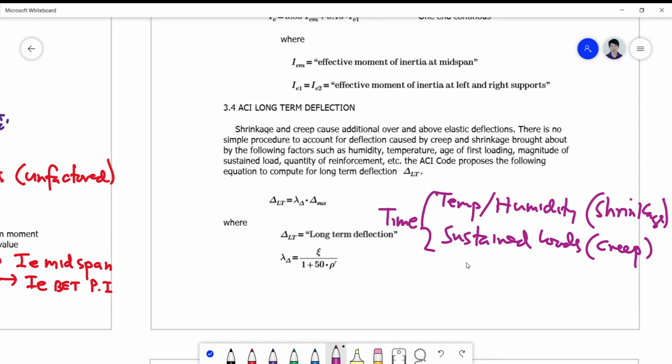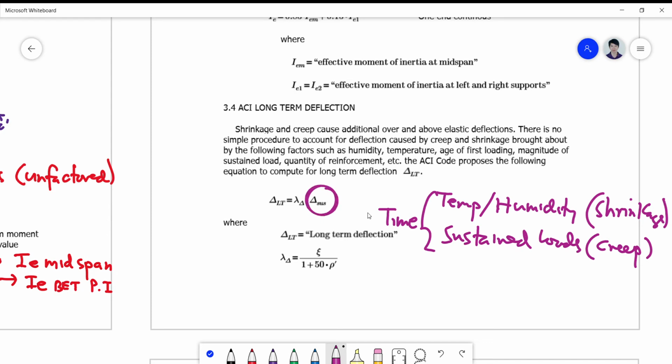So what ACI did is just to come up with this simple equation to let us have a feel for what to expect in the computation of this long-term deflection. It's given by the formula lambda delta multiplied by delta sustained. And what is delta sustained here?